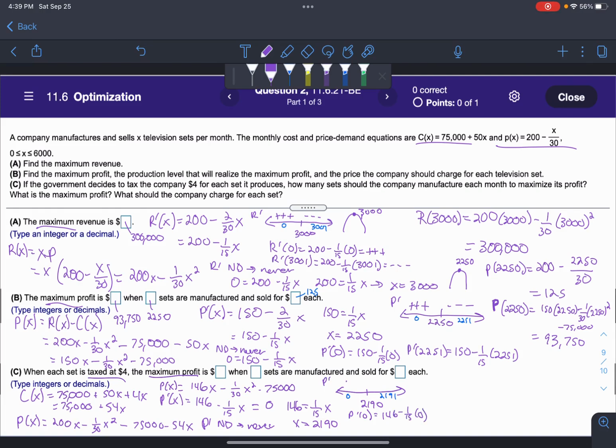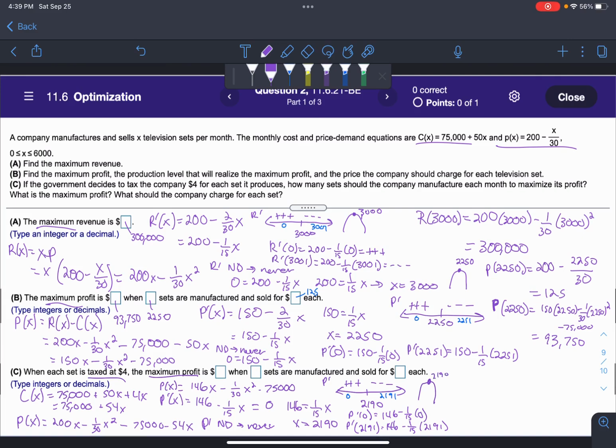P prime of 2191, that will give me a negative number, which is what we would expect, because then that means that we have a maximum at 2190, right? Increasing then decreasing.